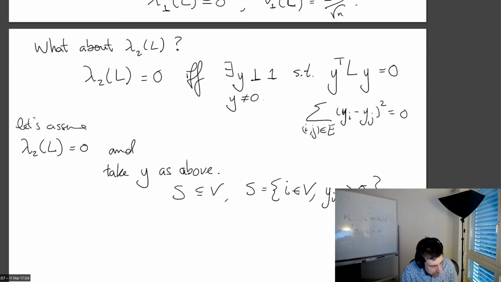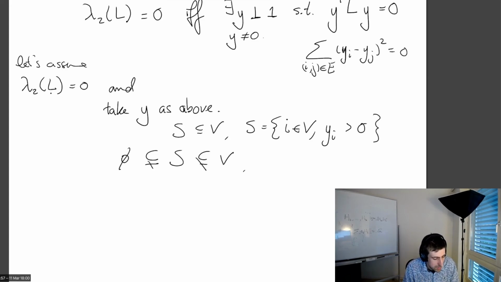First claim: S cannot be equal to V, because otherwise the vector would be all positive and could not possibly be orthogonal to the all-1s vector. And it cannot be empty, because otherwise the vector y would be non-positive, and there's no way it could be orthogonal to the all-1s vector.